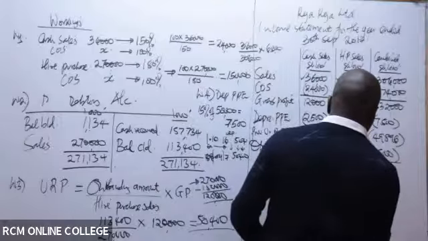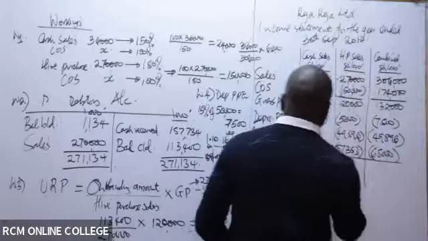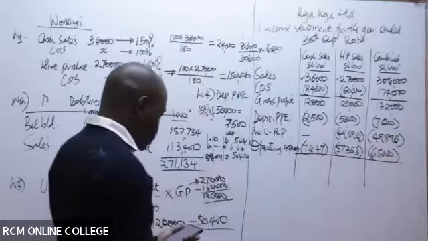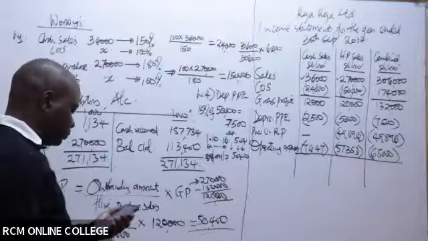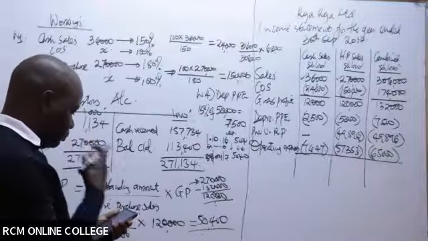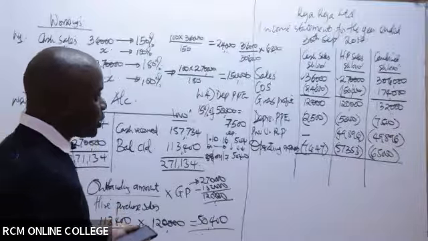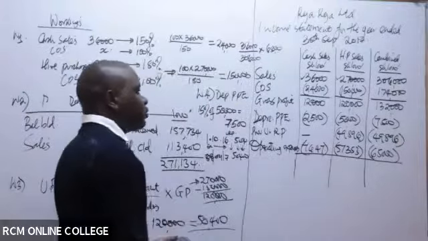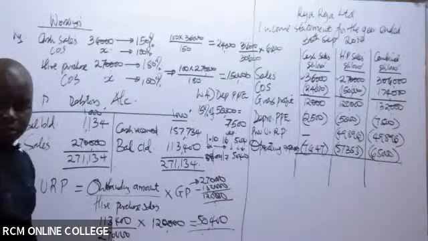So what is the profit for cash sales? And of course, what is the profit for hire purchase sales? Cash sales, you take 12,000 minus the 7,647.